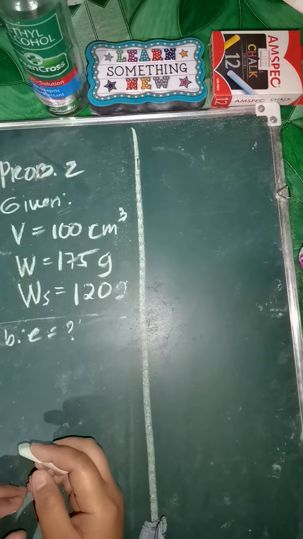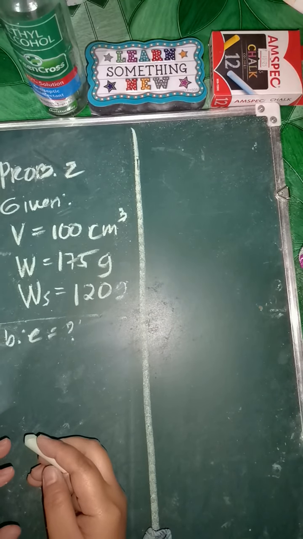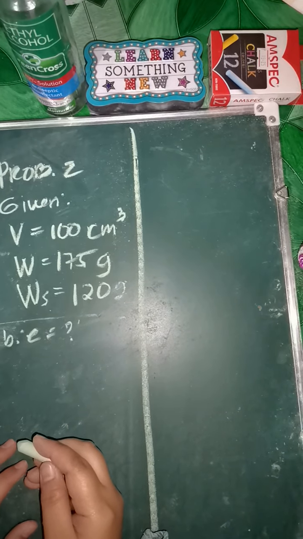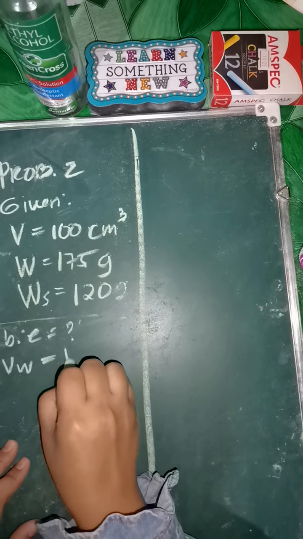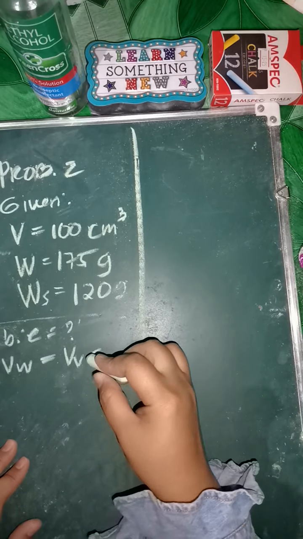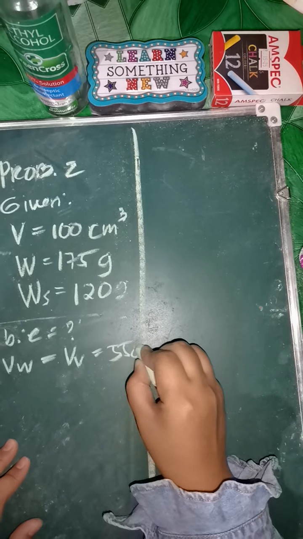For the void ratio e, a while ago we already calculated the volume of water, which is also equivalent to the volume of voids, that is equivalent to 55 cubic centimeter.